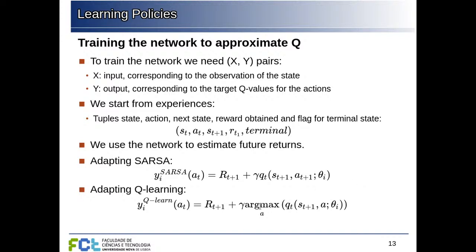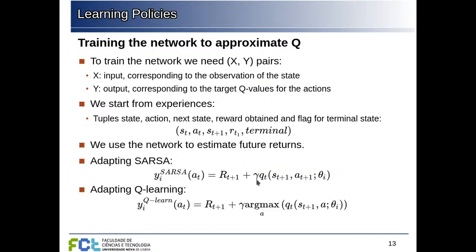And we can get this by estimating the future returns of the next state when we take the action that the policy recommends for the next state, using the same network that we have.